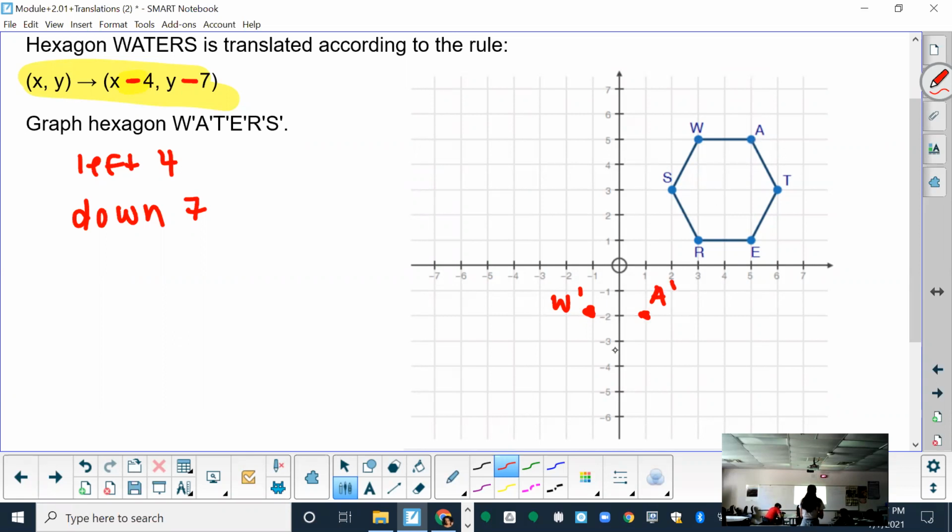Right, and then from there you can probably come up with the rest on your own. But then going left 4 on T and down 7. Left 4 on E, down 7.